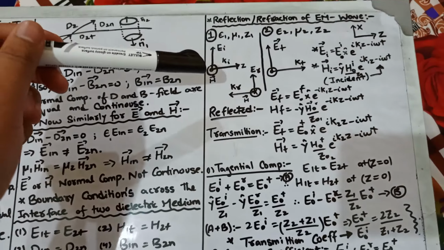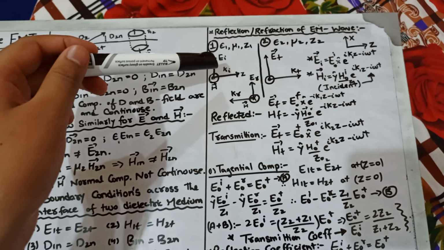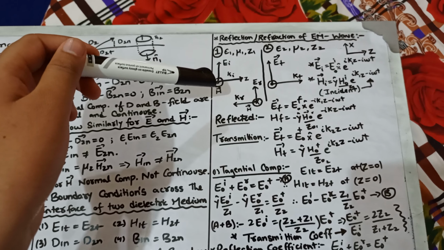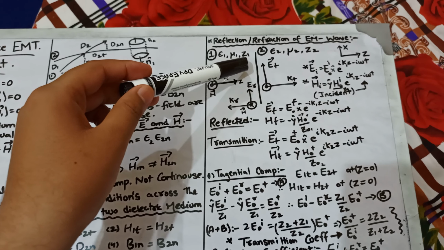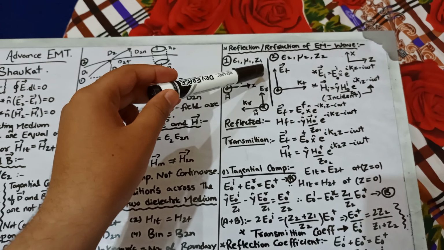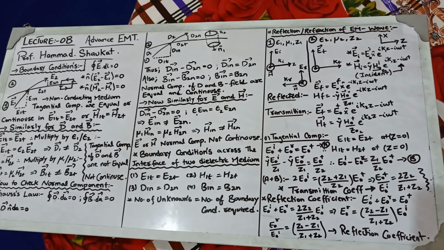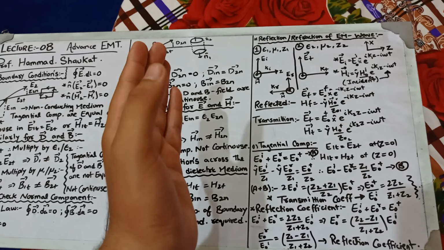So this electric field is incident, EI, having wave propagation KI and magnetic field HI. It strikes this boundary. After striking this boundary, you know that some of the wave is transmitted and some of the wave reflects back.